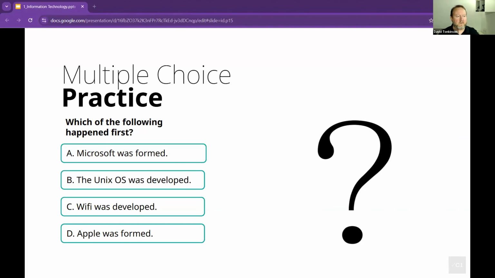Oh, look, we've got a couple of really quick ones in there. A lot of us are saying B was first. Yes, we're all cracking that one through. I'm glad you all paid attention during that little bit of history. Yes, definitely the Unix OS was developed first.